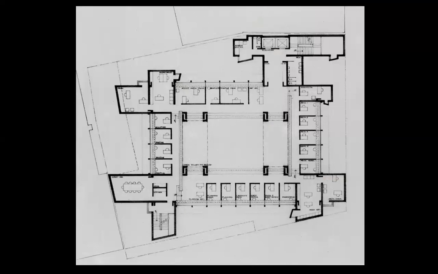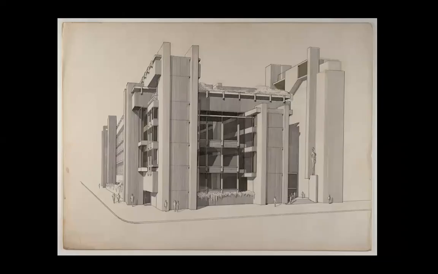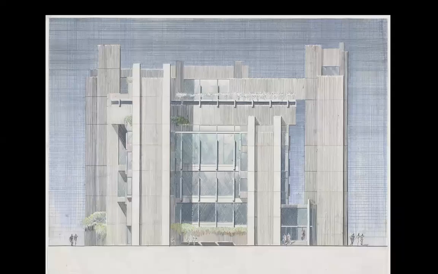This is the plan of the Yale Art and Architecture Building in Connecticut. So we are now on the east coast of the United States. The building was considered revolutionary, but seen from today doesn't look so revolutionary.